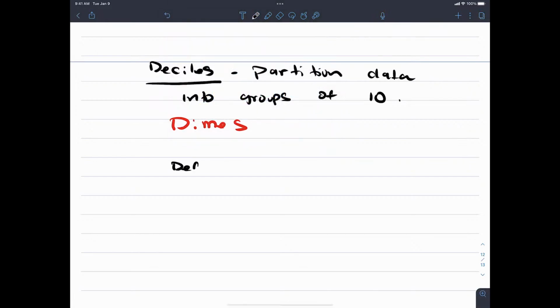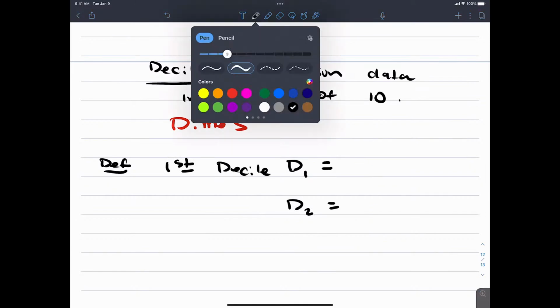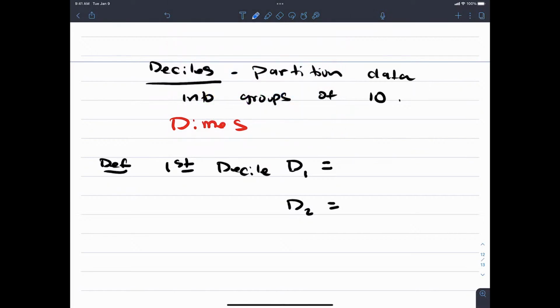So, by definition, you have something called D1. You guys know what that's really known as? That's the first decile. So maybe you want the words as well. The first decile. How many pennies are in one dime?